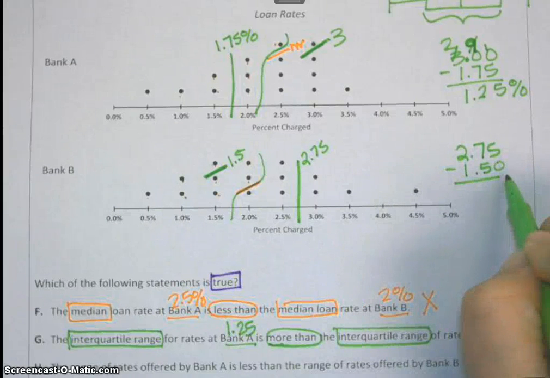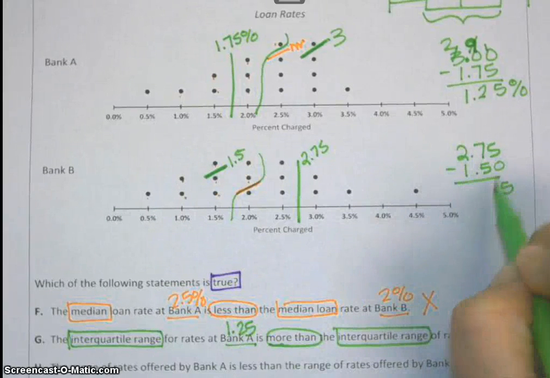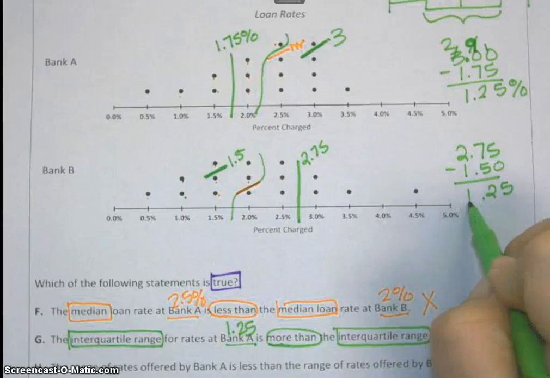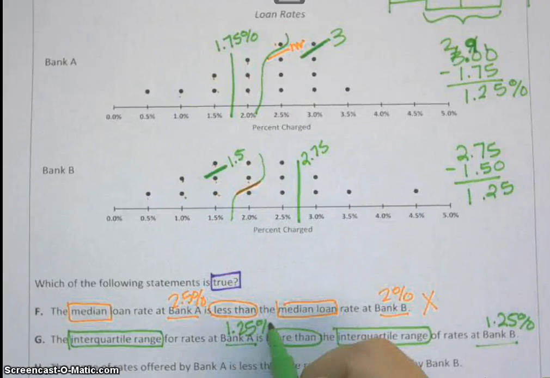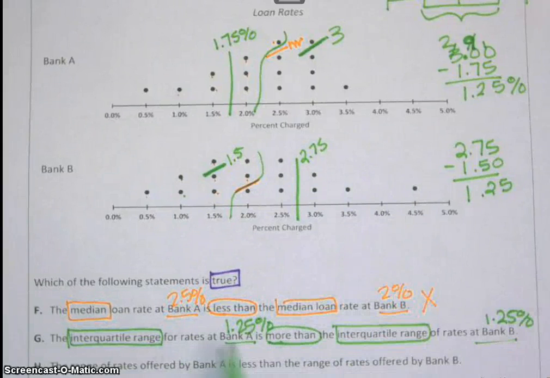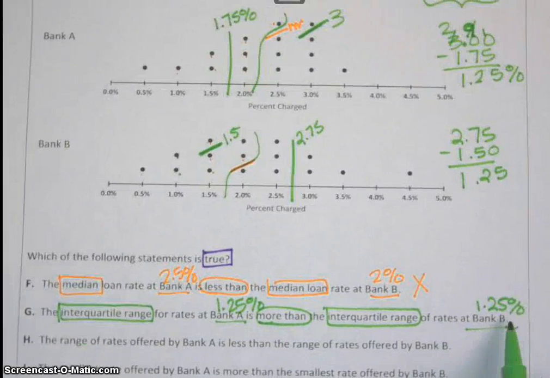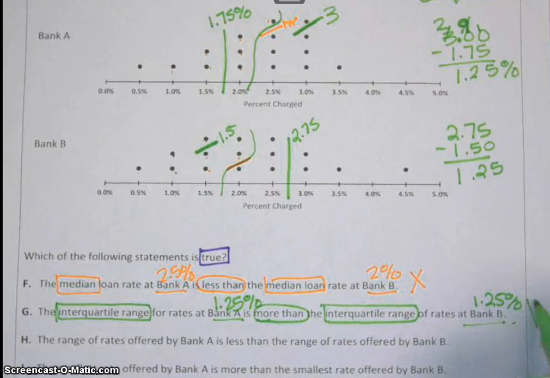You can put a placeholder in 0. 5 from 7 is 2. 1 from that is 1. So 1 and 25/100%. So let me read it and make sure. The interquartile range for bank A, 1 and 25/100%, is more than 1 and 25/100%. Well, I don't know about you, but I'm pretty sure those are equal. So more than is incorrect.